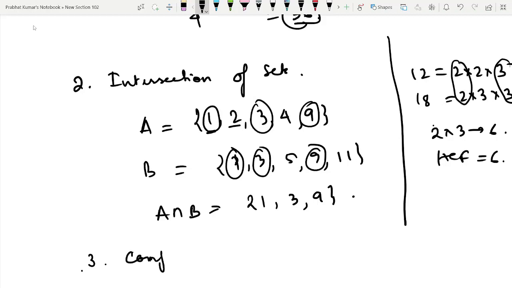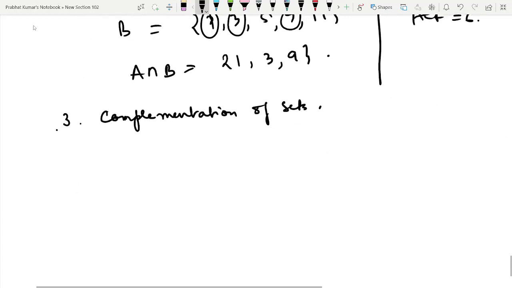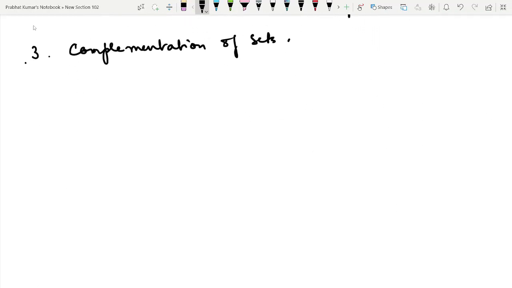So complementation of sets. Okay, so this is where the universal set comes into play, right? For this complementation, you should have a defined universal set, a guardian under which everything is happening.